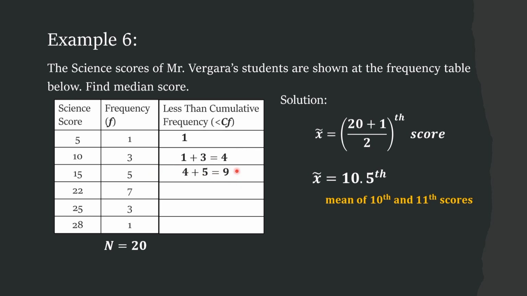There are 9 students who scored equal to 15 or below. Then 9 plus 7 is 16. There are 16 students who scored equal to 22 or less than 22. Then 16 plus 3 is 19. 19 plus 1 is 20. So there are 20 students who scored equal to 28 or less than 28.